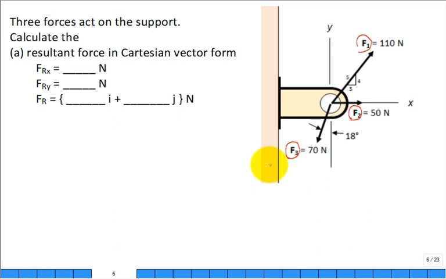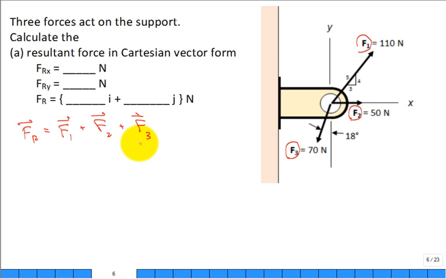So FR is equal to F1 plus F2 plus F3. Now, if you were doing it with triangles and the geometry, you would first add 2 of the vectors, get a resultant vector, take that vector, add it to the third vector, and you would work the law of sines and cosines repeatedly until you got it completed.